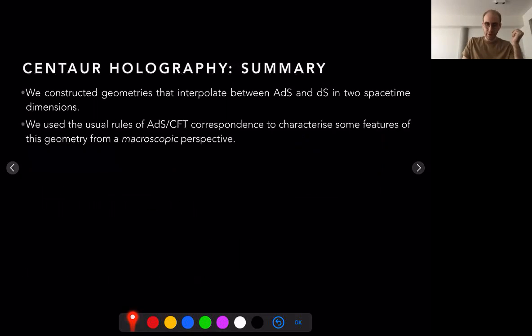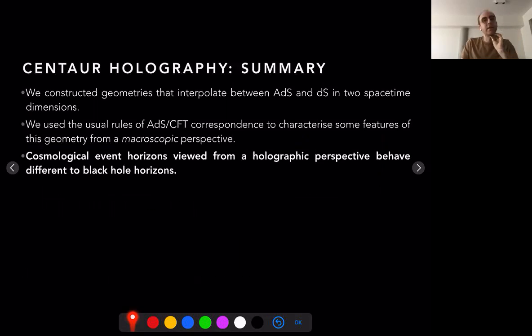So let me summarize a little bit. We constructed these geometries that interpolate between AdS and dS in 2 dimensions.